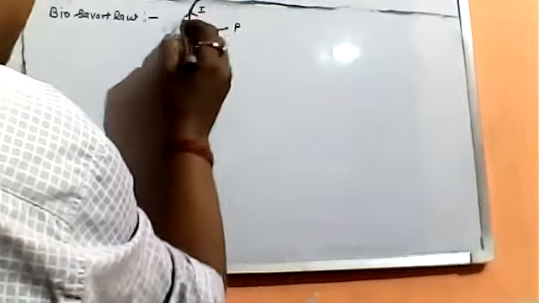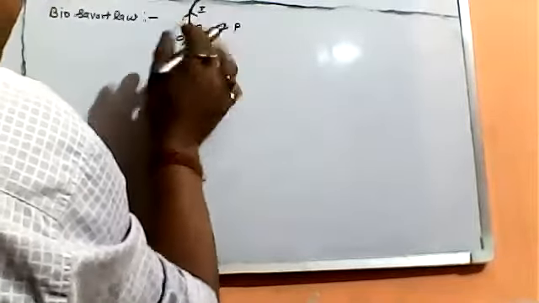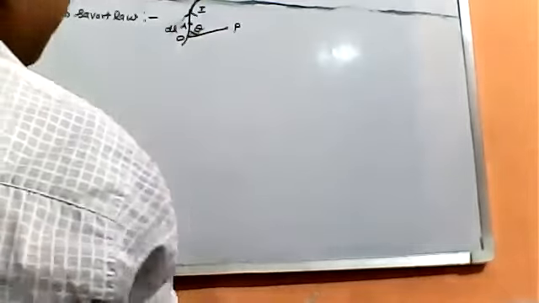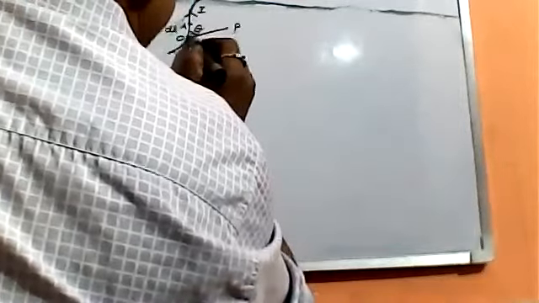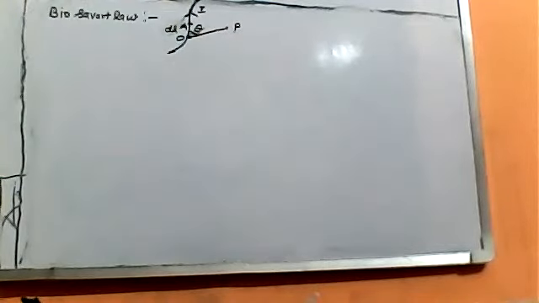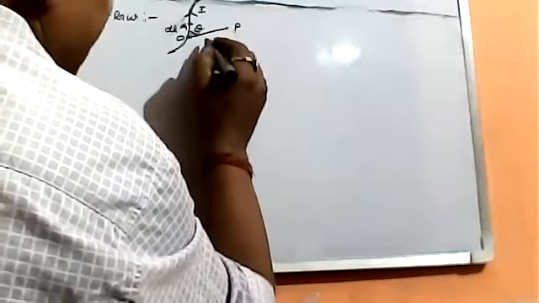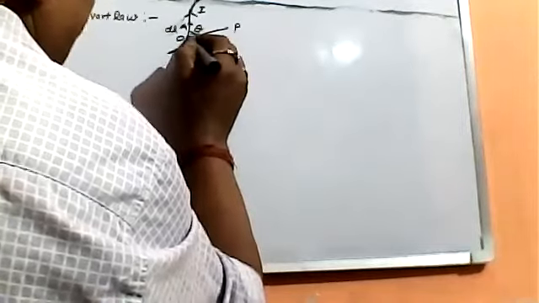This is a very long conductor. I have taken only a smaller part OA, whose length is dl, current flowing through the conductor I. At point P we have to find the magnetic field intensity. Point P is at a distance r from point O.